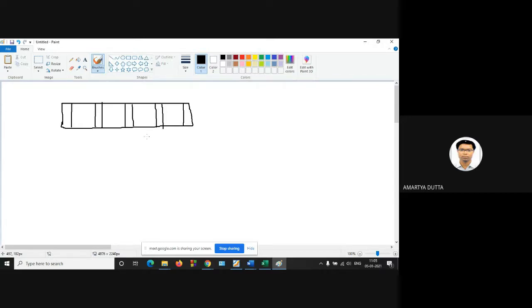How to draw it in your exam? Let this be the first key, 12. The order is 5, so 1, 2, 3, 4, and this is 5.